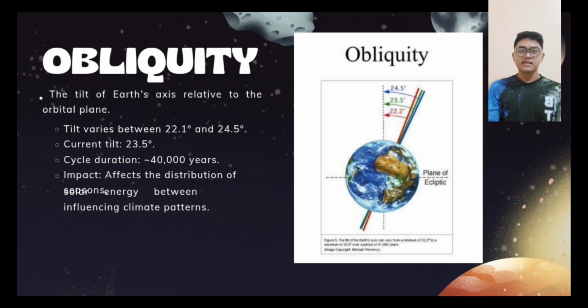The impact affects the distribution of seasons and solar energy, influencing climate patterns. This determines how sunlight is distributed between the poles and the equator. A greater tilt means more solar energy at the poles, influencing climate patterns.